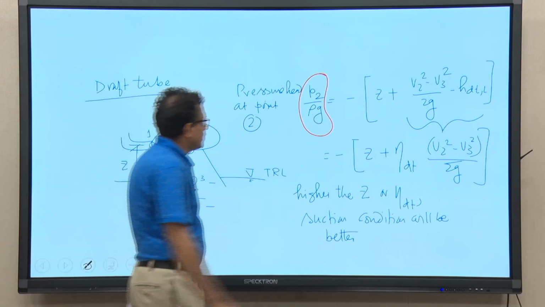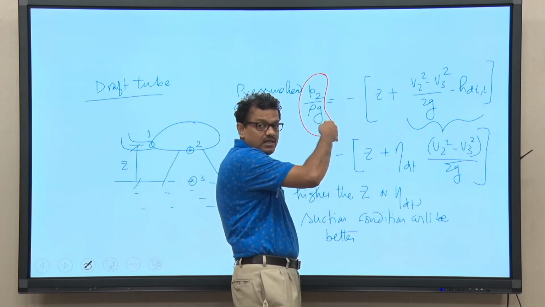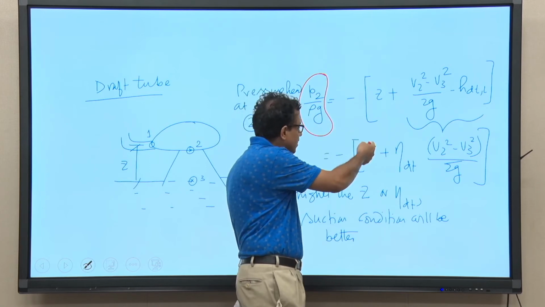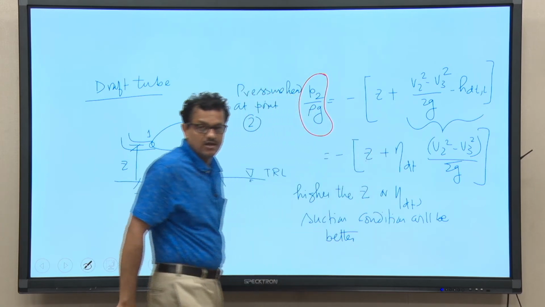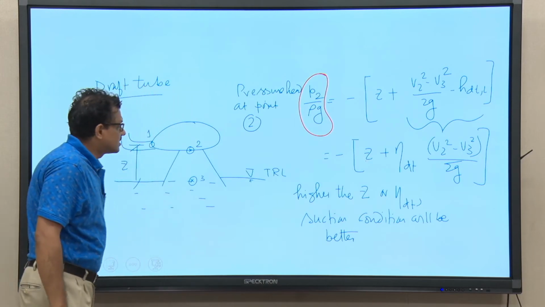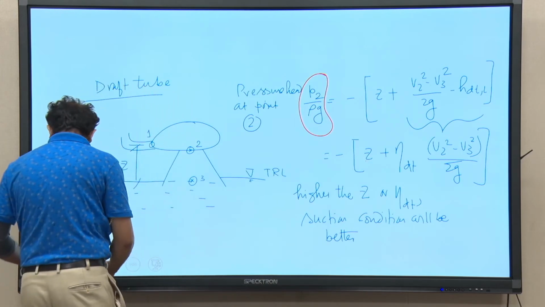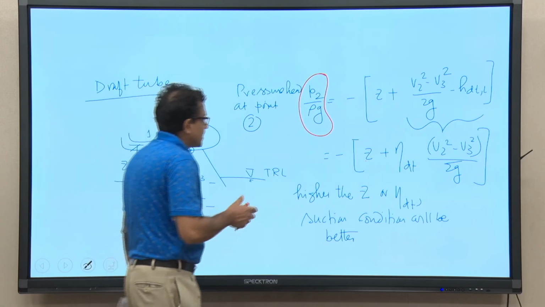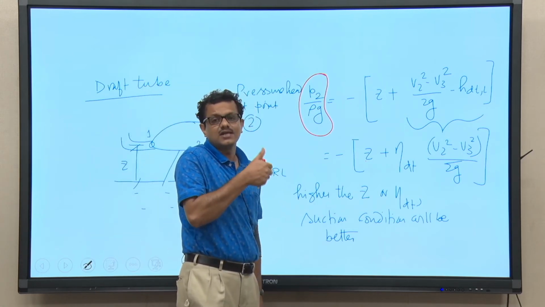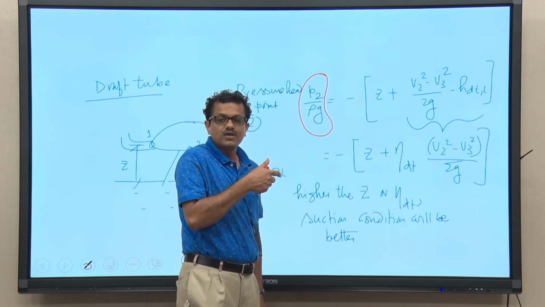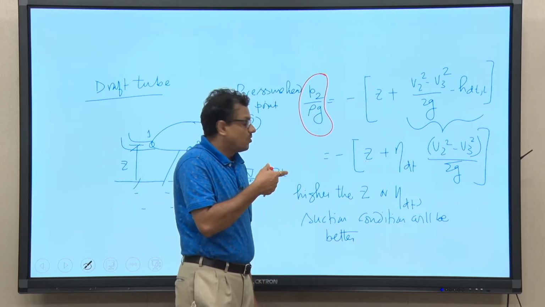So, if we need to keep P2 by rho g within that restricted limit, we can neither increase Z nor increase eta dt. Today we shall discuss that particular aspect and then we will go to cavitation. See, try to understand, the draft tube is an important and essential component for turbine operation. Why?